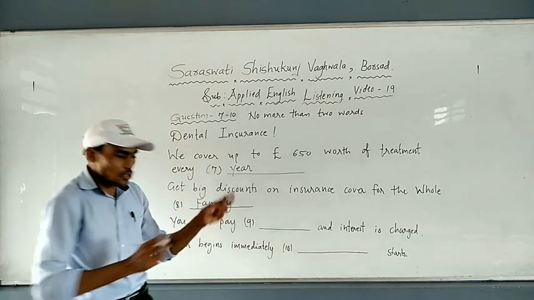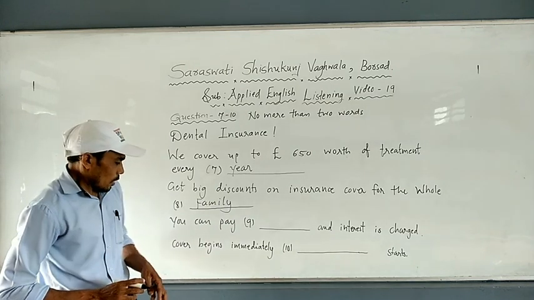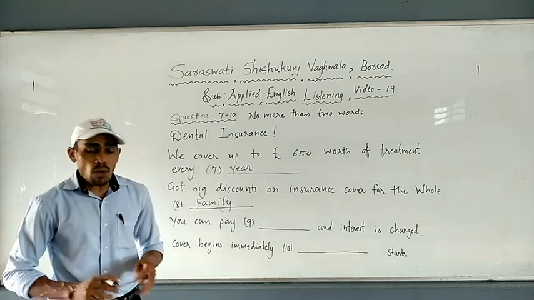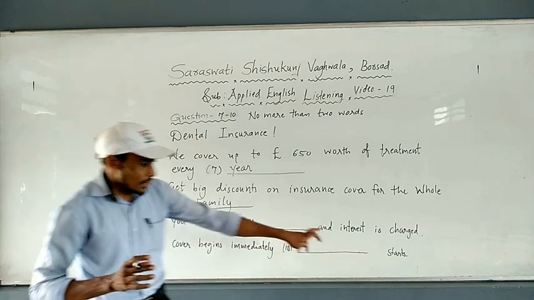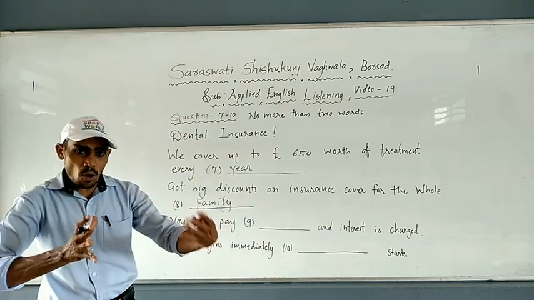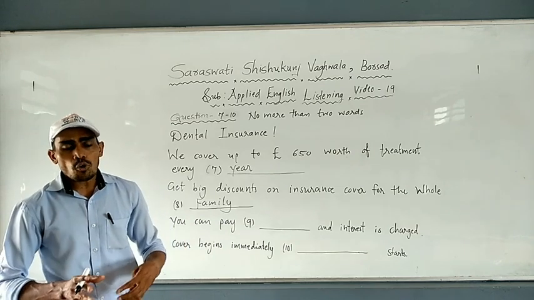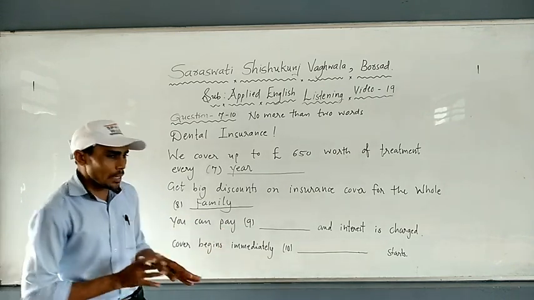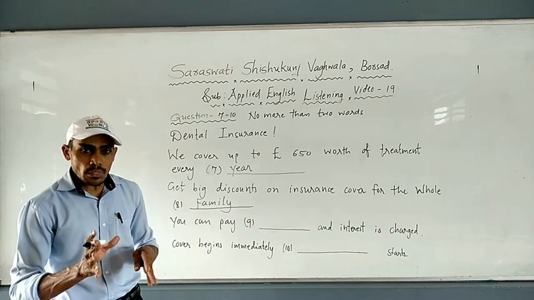Why? Because it includes children and parents. And you can pay. Now the word is interest is charged. So what is the payment? How is the mode of payment? The mode of payment would be every month.